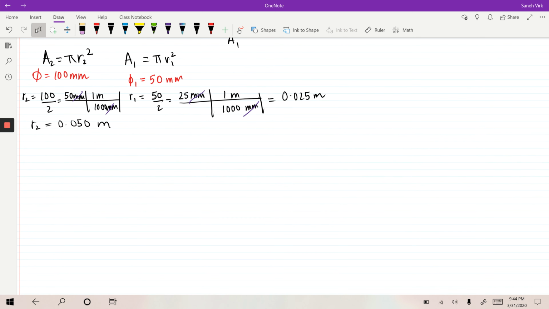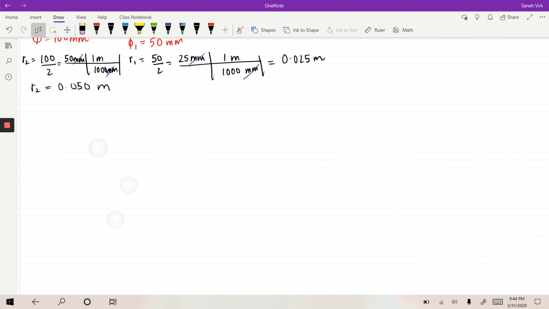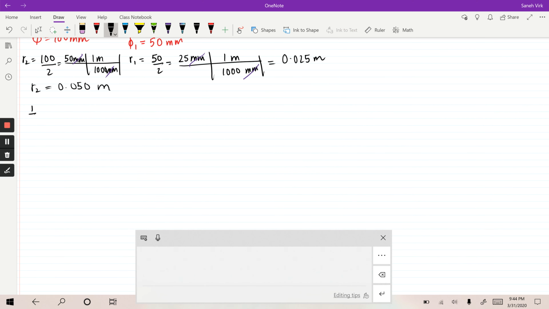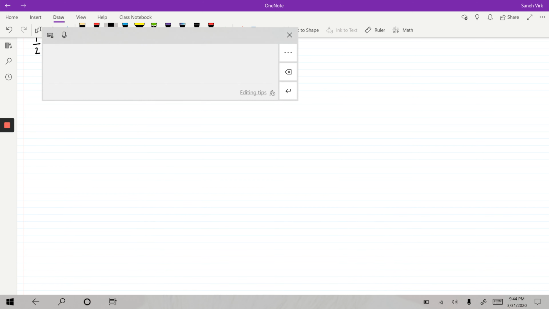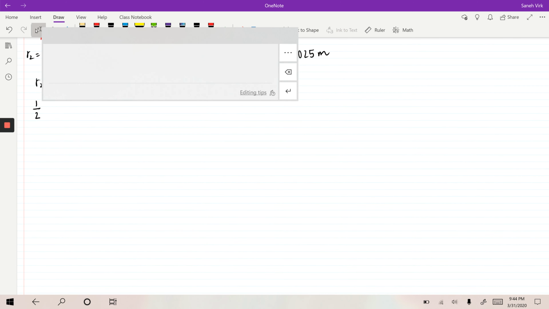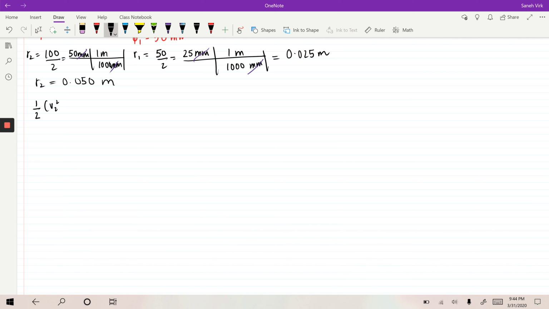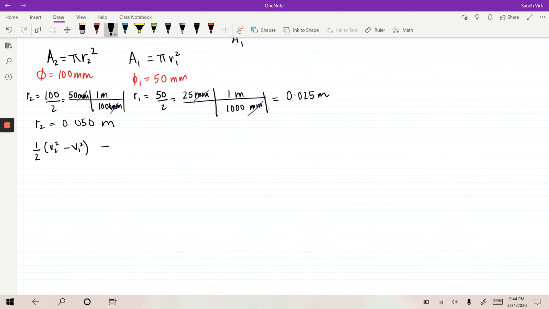Let's write down our Bernoulli equation. That is 1/2 (V2 squared minus V1 squared) plus (P2 minus P1) over rho plus G (H2 minus H1) equals 0.